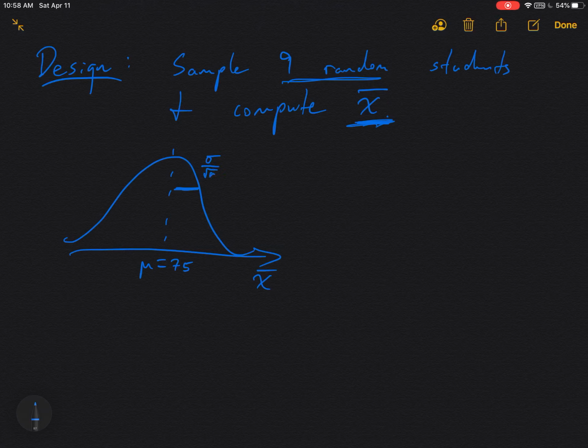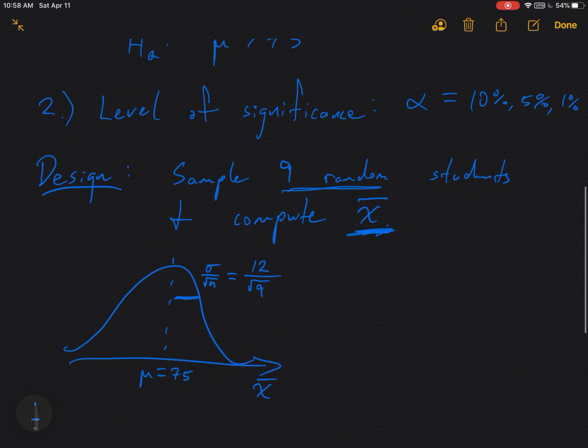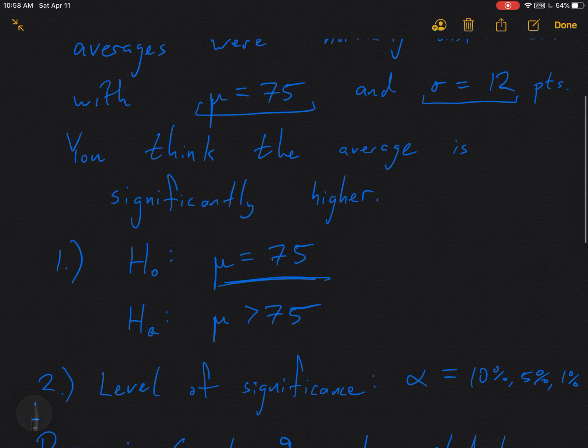And we also know that the standard deviation for the sample mean is given by sigma divided by the square root of n. Now, in this case, the standard deviation for the population was 12, and then we're dividing by the square root of 9 because our sample size is 9. So if you'd like, I can scroll up real quick.